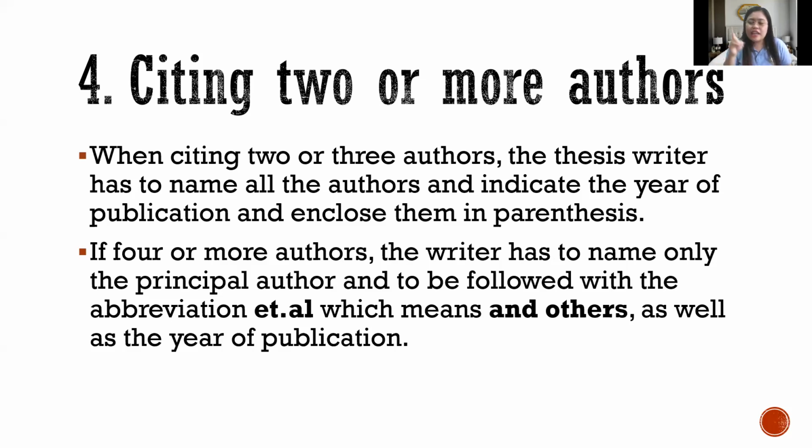So remember, for one, two, or three authors, you have to include all their surnames. But for four or more, you write only the principal author followed by et al. The meaning of et al, class, is others.